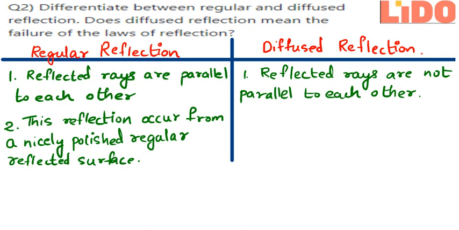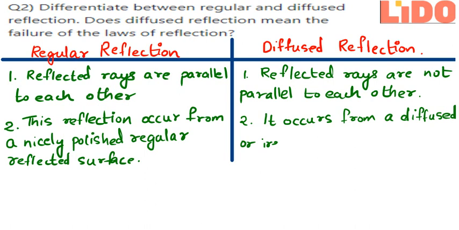Whereas in diffused reflection, it occurs from a diffused or irregular surface.